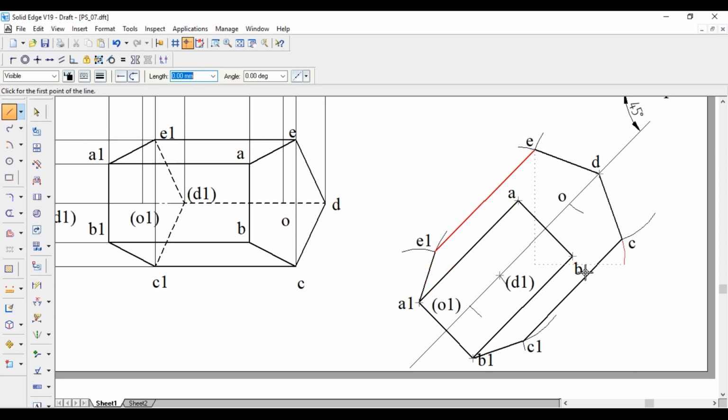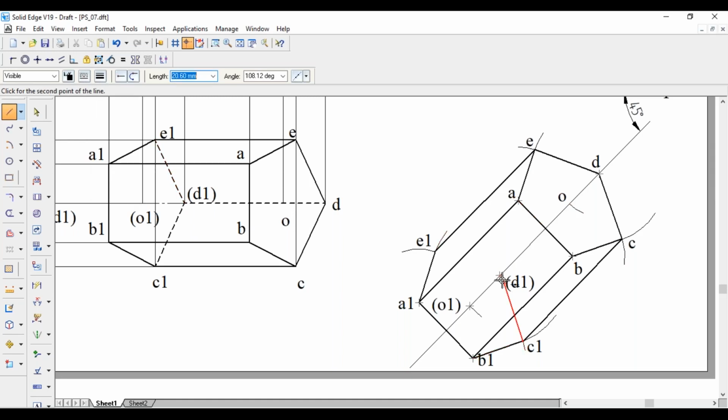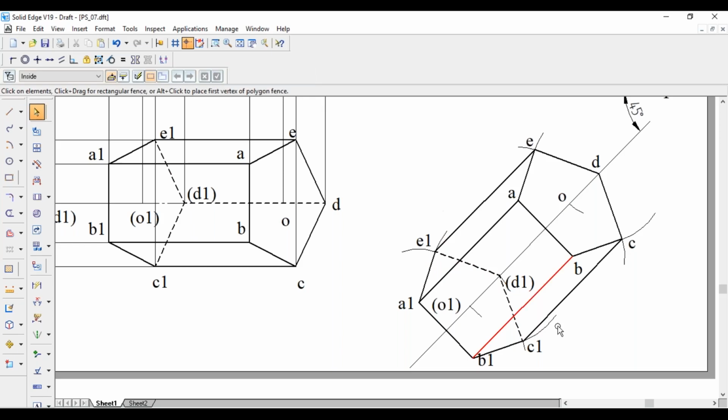Similarly, B to C also continuous dark, whereas A to E also continuous dark. Whereas C1 D1, E1 D1 dotted lines. So C1 to D1, D1 to E1 dotted lines. Once this much is over, still we have to show D1 with the dotted line.